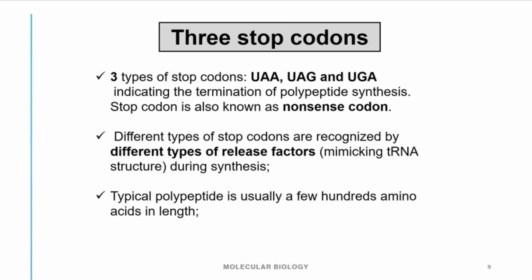So the stop codon is also called the nonsense codon, and that's what gave rise to the name nonsense mutation, where one of the amino acids changed into a stop codon.